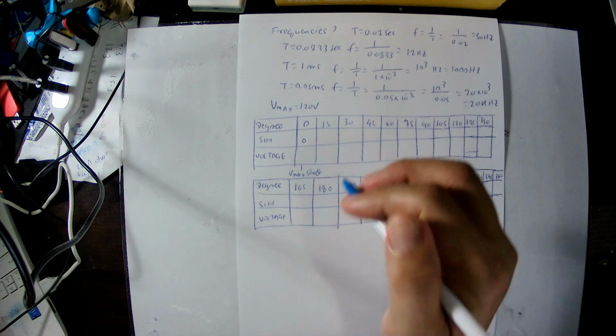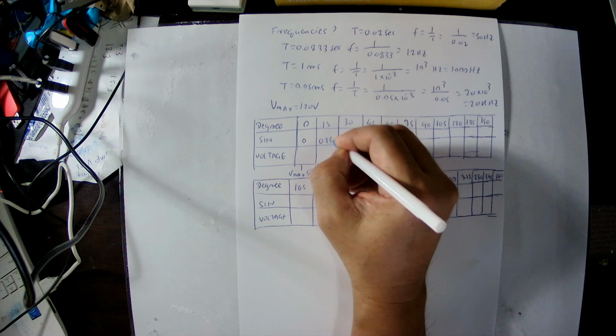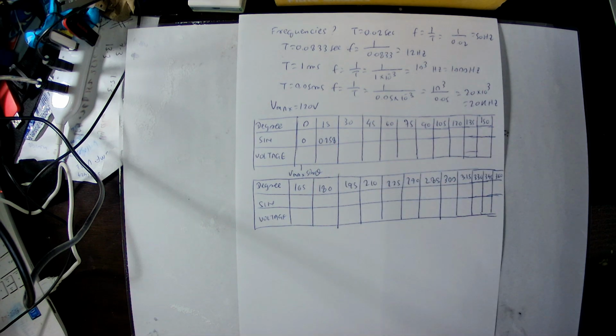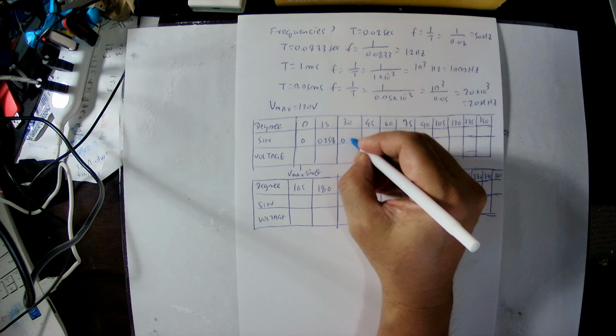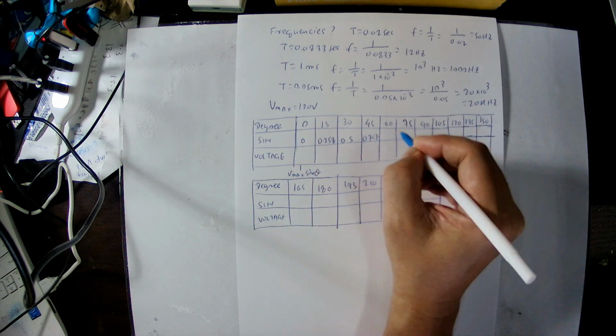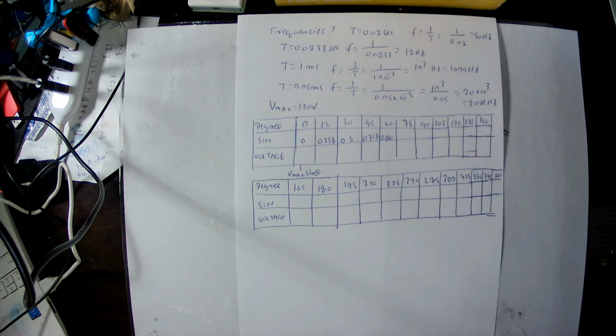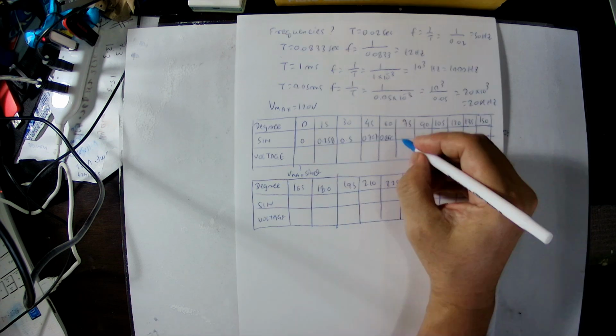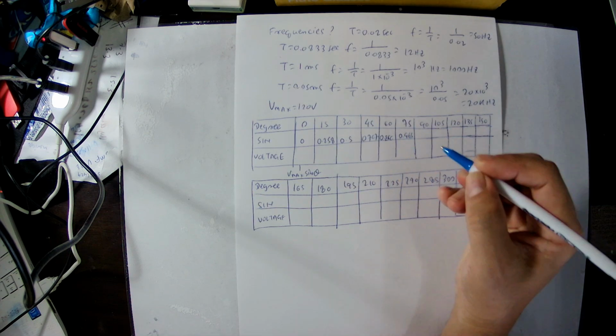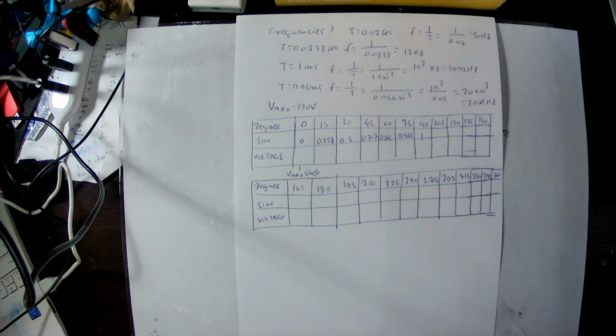Sine 15 is 0.258. Sine 30 is 0.5. Sine 45 is 0.707. Sine 60 is 0.866. Sine 75 is 0.965. Sine 90 is 1. Sine 105 is 0.965.